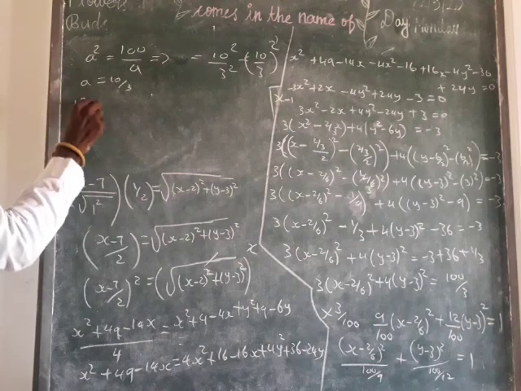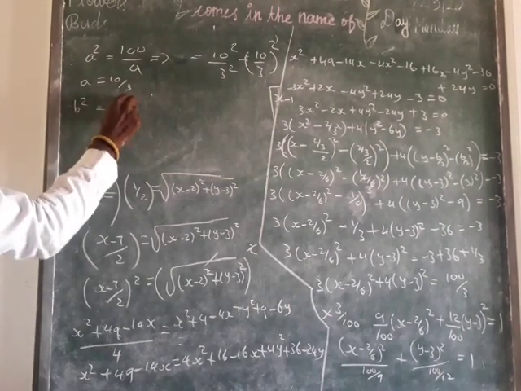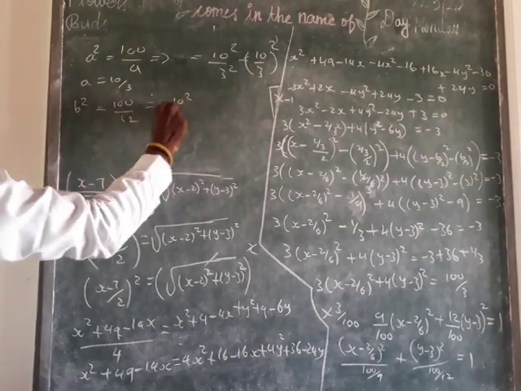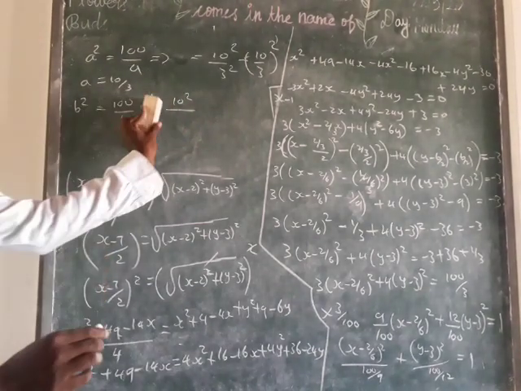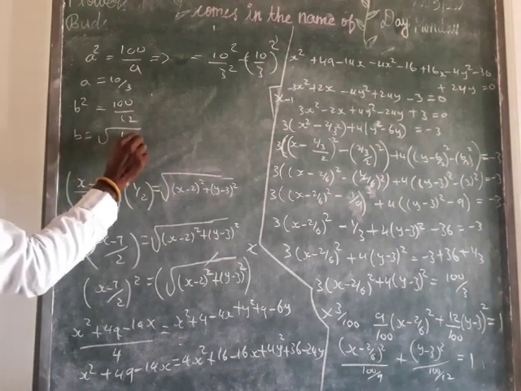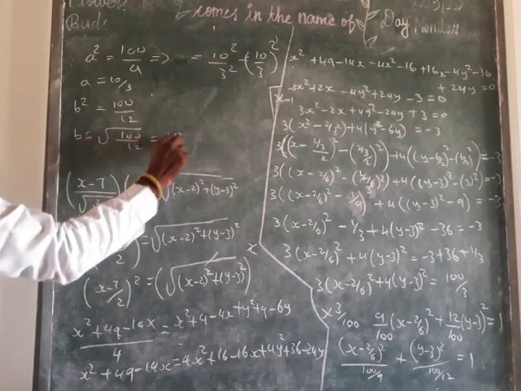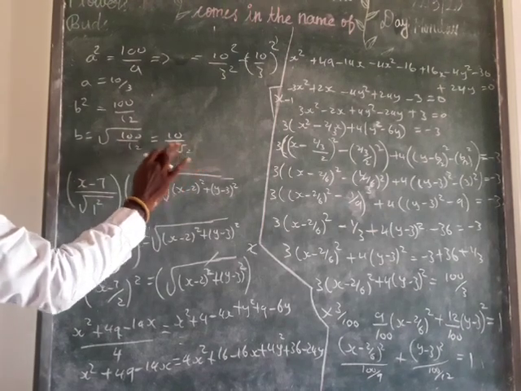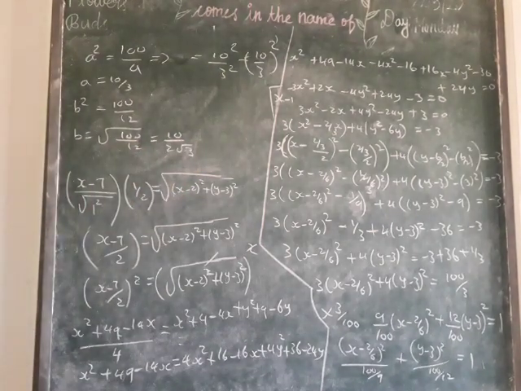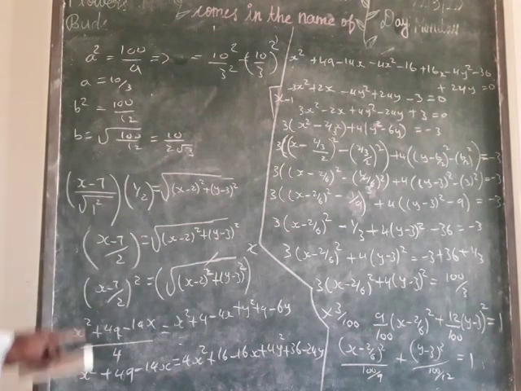In the same way, b squared equals 100 by 12. Then we want to find the b value, so b equals the square root of 100 by 12, which becomes 10 by root 12. Root 12 you can write as 2 root 3. This is the b value.